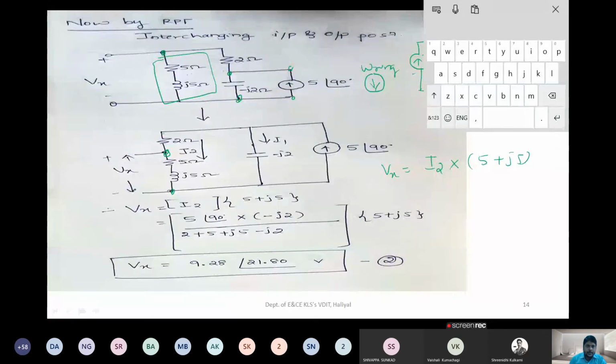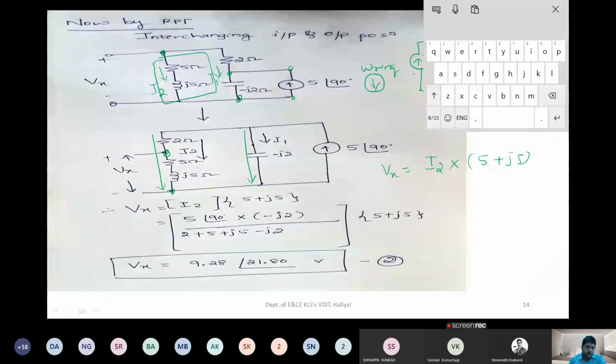Okay. So what is the current flowing if I assume this as I2 and I1? You can name anything here, Ix or anything. I have taken I2. So I2 will flow from here to here and I1 will flow in this branch. So what is I2 now?